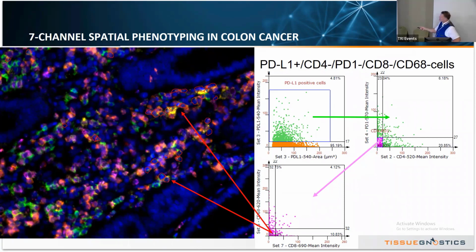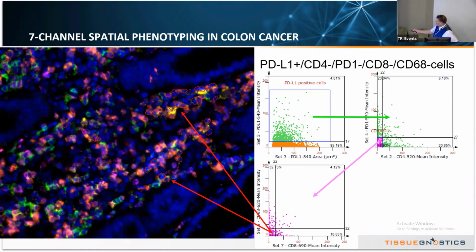So what we're seeing here in the first scattergram is the cell size on the x-axis and PDL1 staining intensity on the y-axis. The gate here in green identifies all PDL1 positive cells in our entire tissue section.